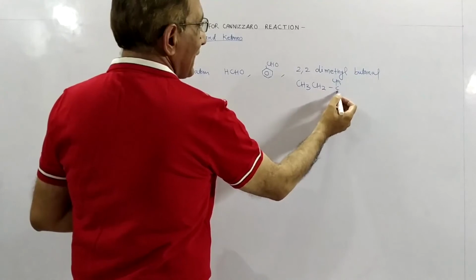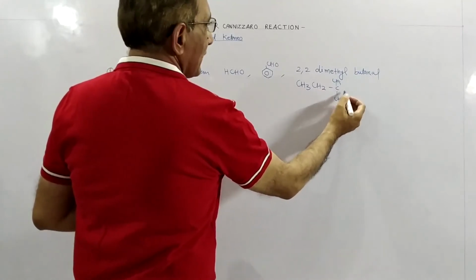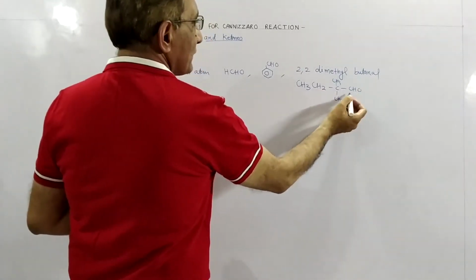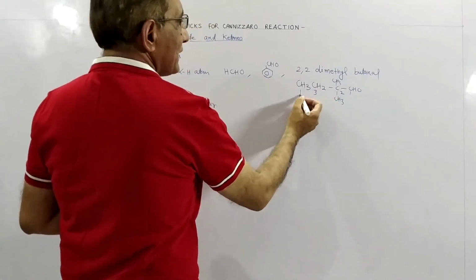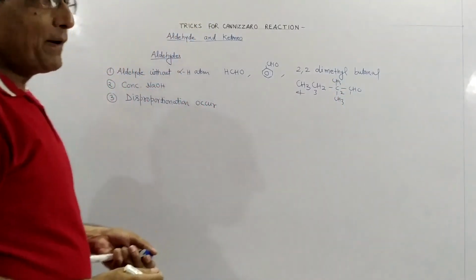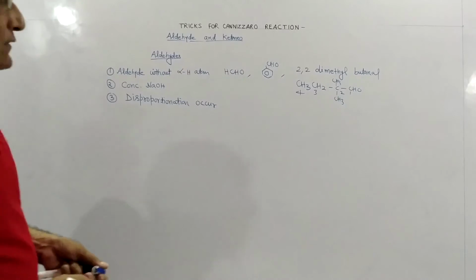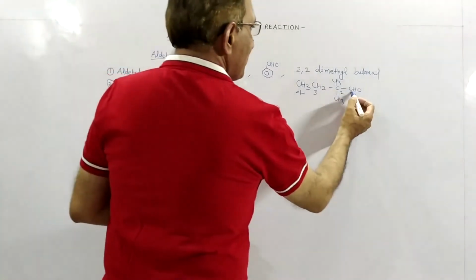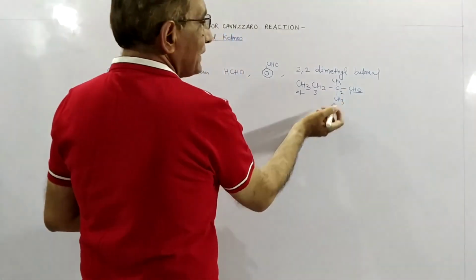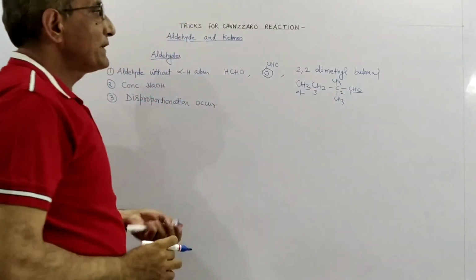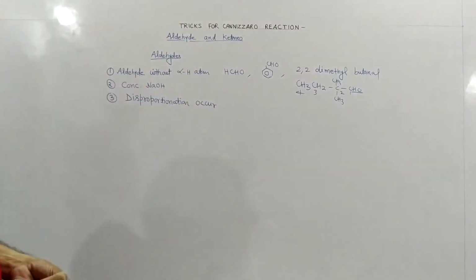We have 2 methyl groups here and this CHO group. So carbon number 1, 2, 3, 4. At carbon number 2 we have 2 methyl groups. This carbon is attached to the functional group, so this is the alpha carbon. There is no alpha hydrogen. It means it will also show the Cannizzaro reaction.